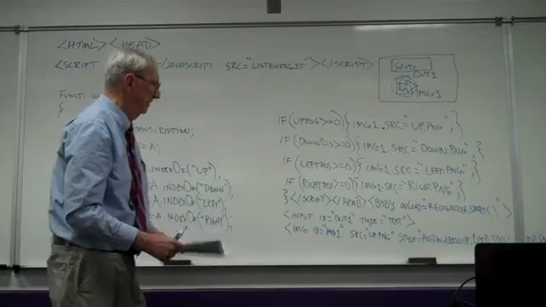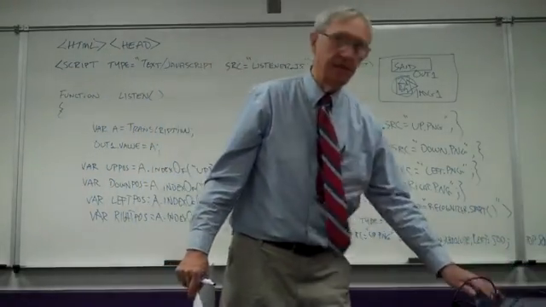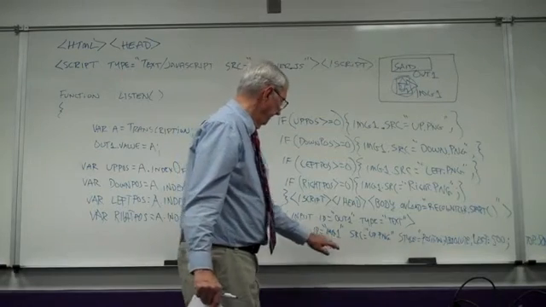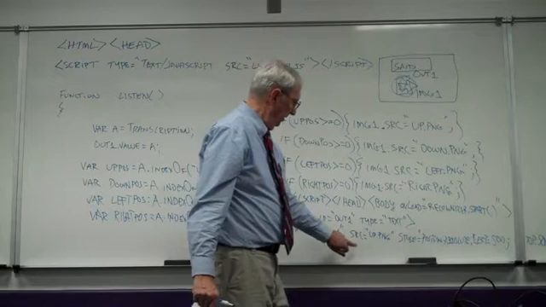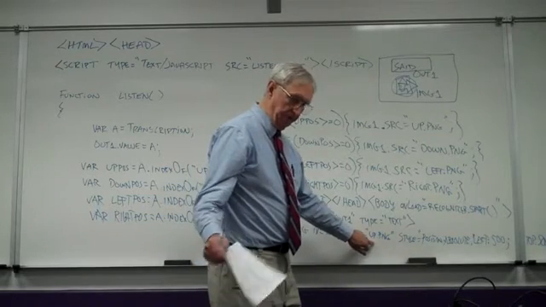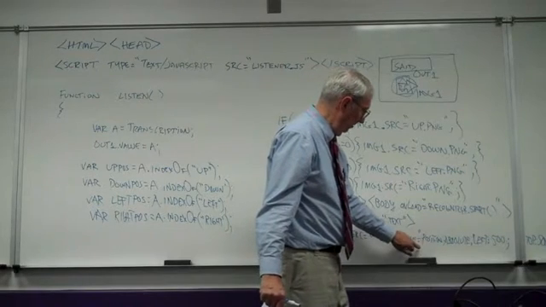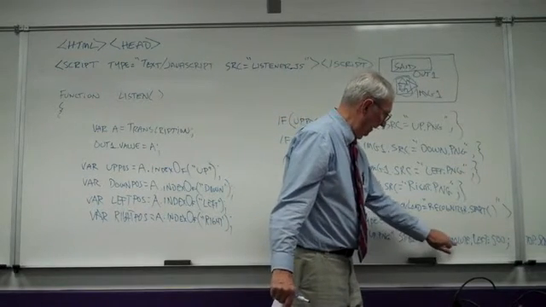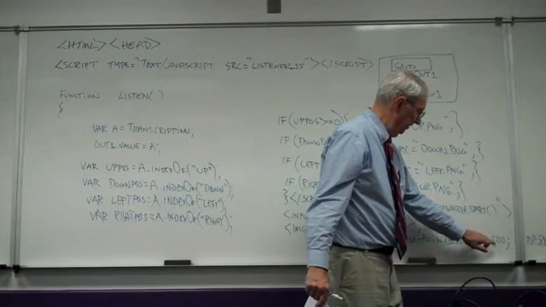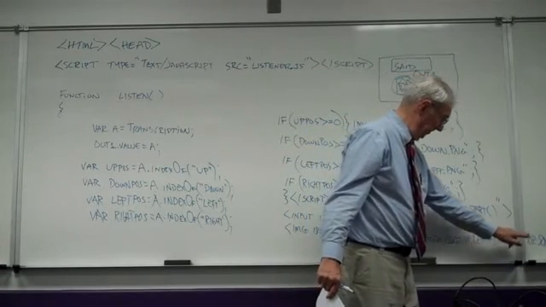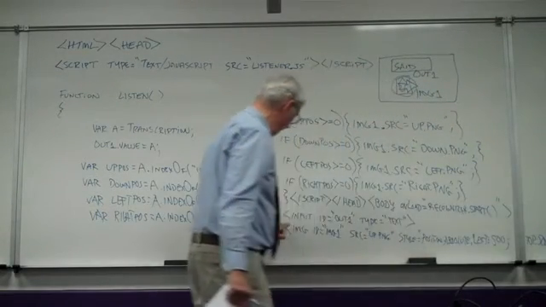Okay, let me read that bottom line for anybody, I hope my camera can see that. It says image ID equals image1, and the source of it is a picture in your folder called up.png, and the style is equal to position colon absolute, semicolon, left colon 500, semicolon, top colon 500, close quote, close the chevron.